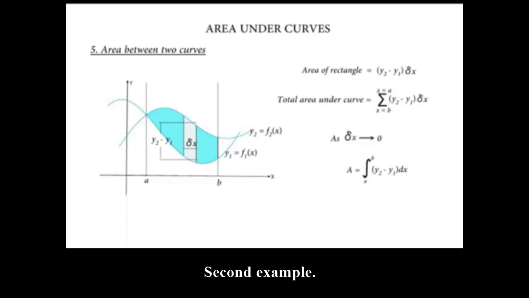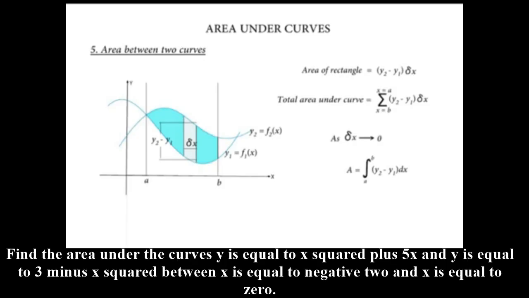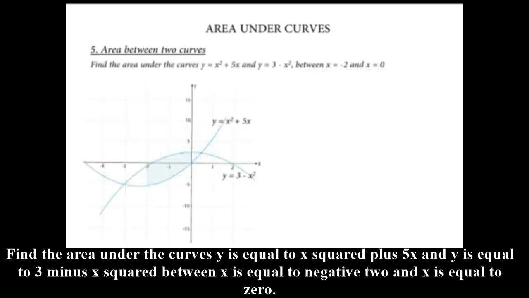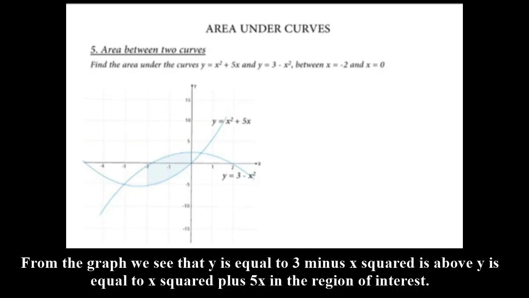Second example. Find the area under the curves y is equal to x squared plus 5x and y is equal to 3 minus x squared between x is equal to negative 2 and x is equal to 0. From the graph, we see that y is equal to 3 minus x squared is above y is equal to x squared plus 5x in the region of interest.